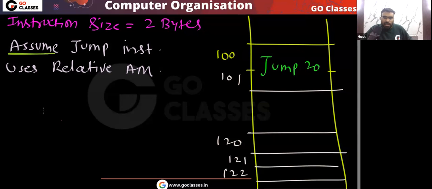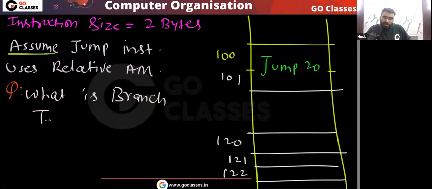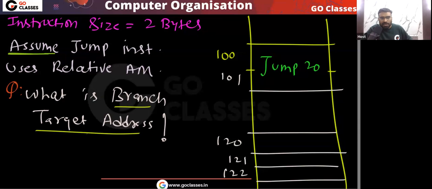Now when you fetch this jump instruction, my question is, what is the target address? What is the branch target address? Where will you jump? Did you understand the question?